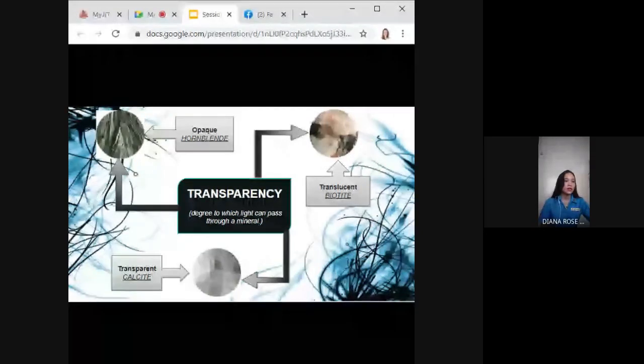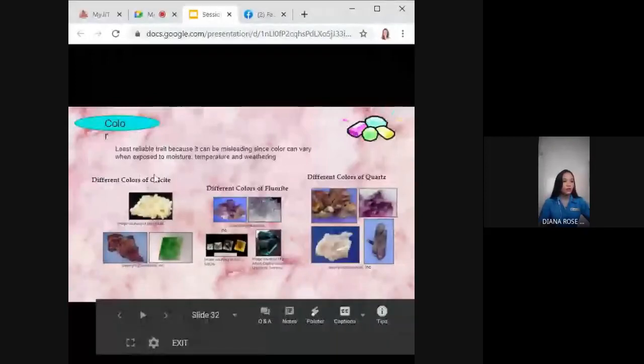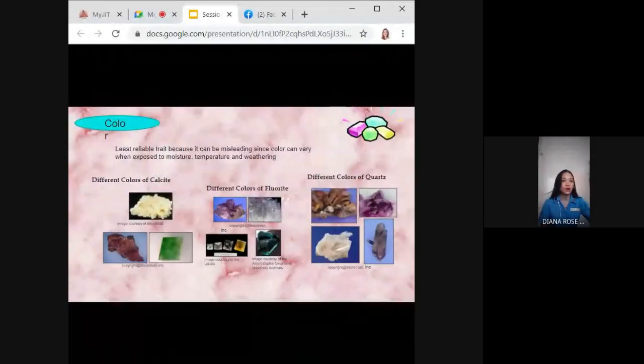So light can pass through the mineral, and the image is seen clearly. And now to color. The color of a mineral is actually the first thing that most people notice, but color can also be less useful in identifying a mineral. Most minerals occur in more than one color. Take a look at this as an example.